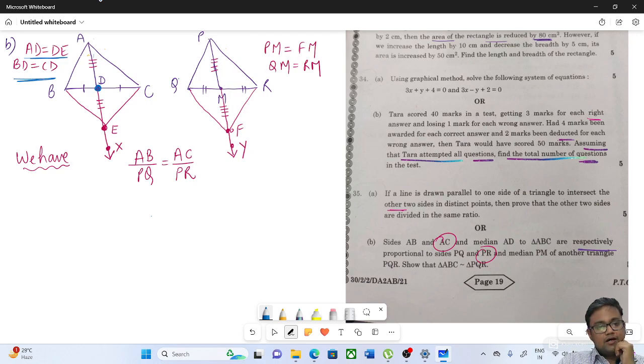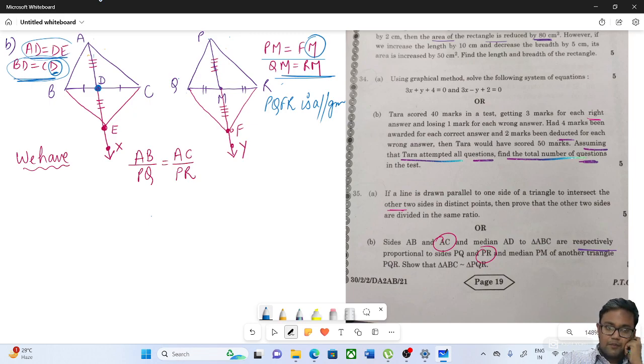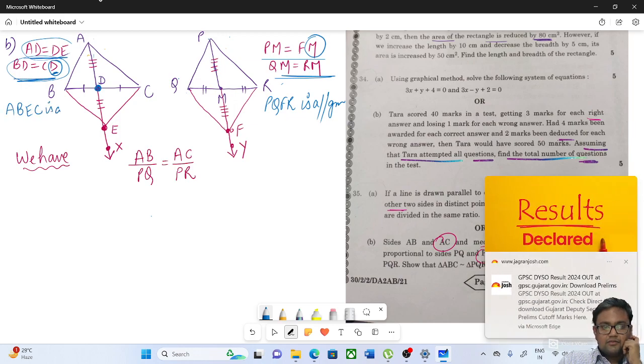Similarly, PQFR is again a parallelogram because the diagonals PF and QR bisect at point M. Similarly AE and BC are the diagonals bisecting at D. Therefore, by one of the criteria to show a quadrilateral is a parallelogram, I can quickly say that ABEC is a parallelogram, right?